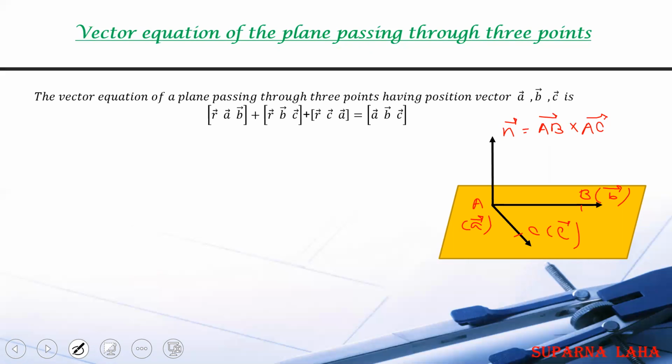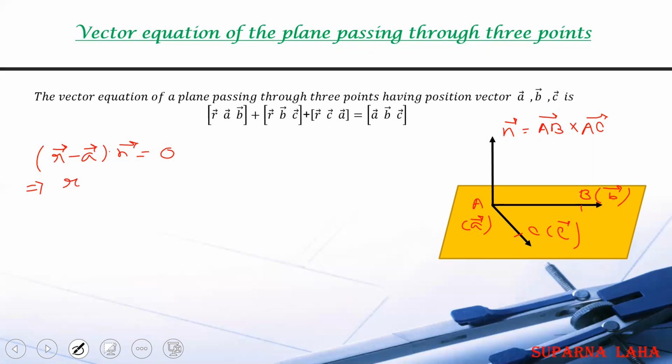Now we have a point A and we have a normal vector n. So according to the vector form of the plane, we can write that (r vector minus a vector) dot product with n vector is equal to 0.